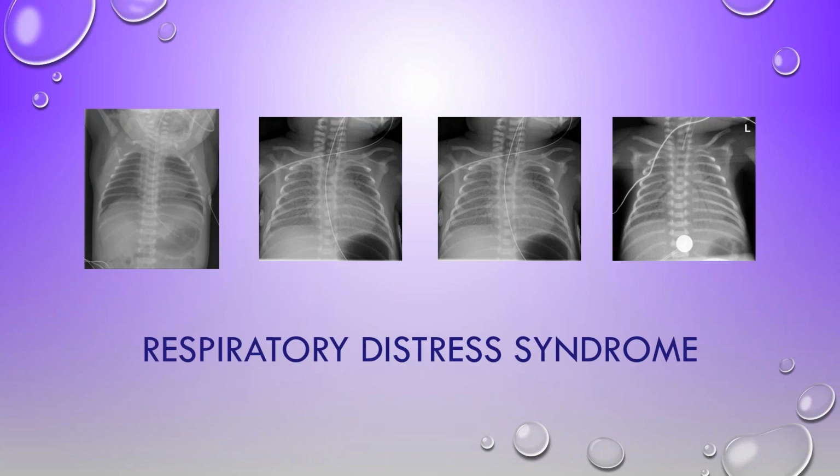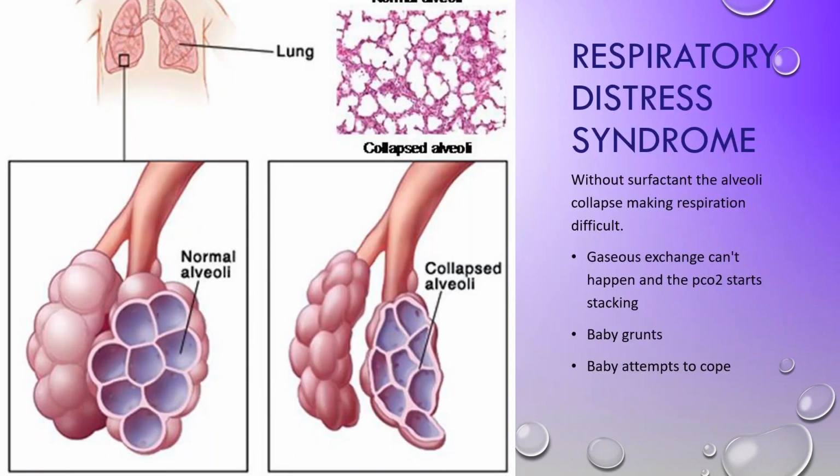Grade 4 respiratory distress syndrome is really very bad, because long term it could lead to death, but it also could lead to chronic lung disease, or as we've referred to it, BPD. So what happens? Without surfactant, the alveoli collapse, and this makes respiration progressively worse. Gaseous exchange can't happen, and the PCO2 starts stacking. So every blood gas you do, the PCO2 is going up and up and up.